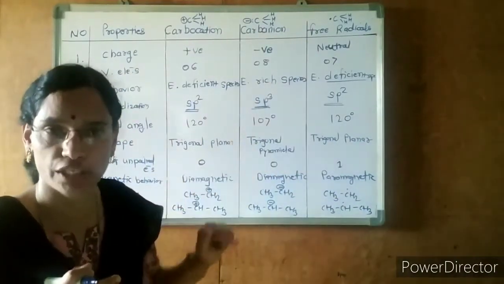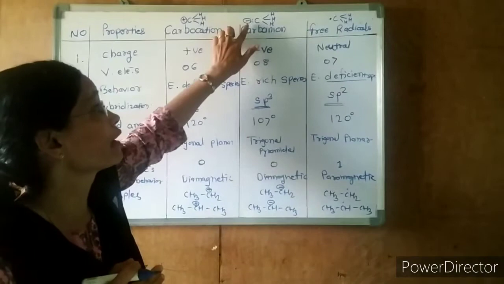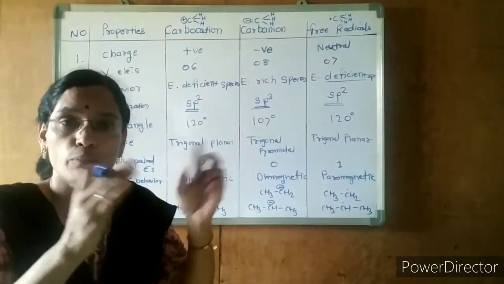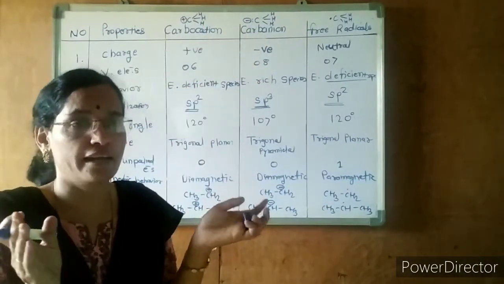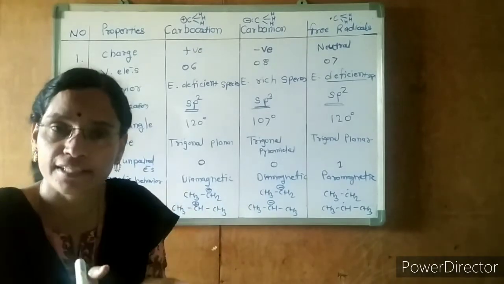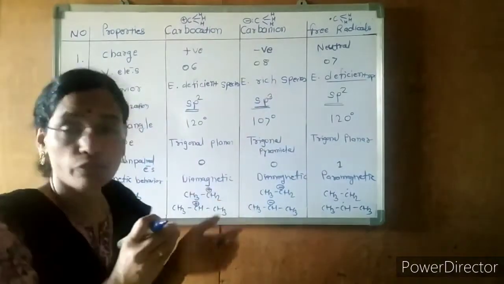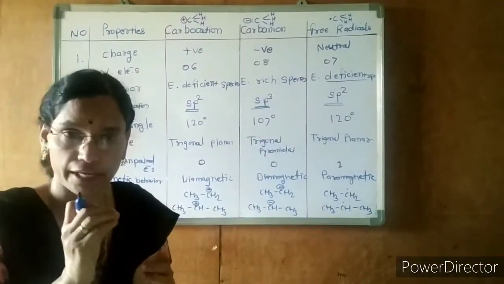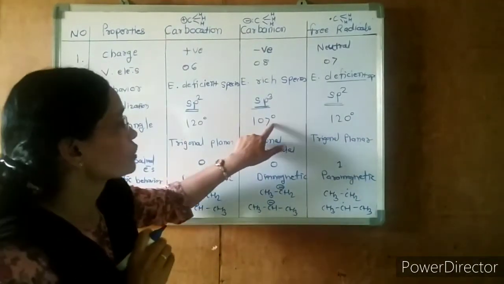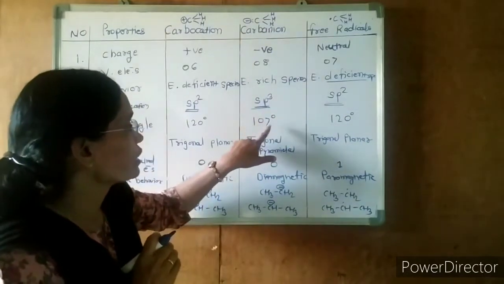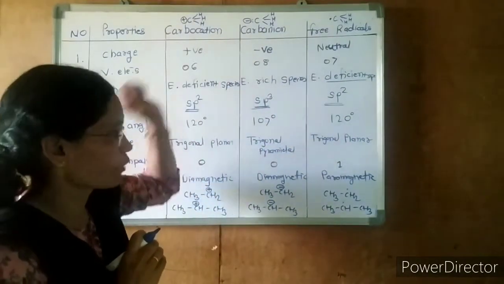Because of the lone pair bond pair repulsion, the bond angle decreases and comes to 107 degrees from 109 degrees 28 minutes. So this is about the bond angle of the carbanion.